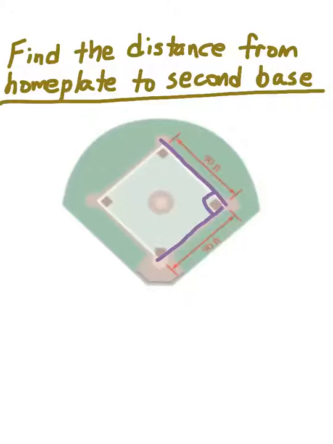What we're looking for is the distance from home to second base. That's what a catcher has to throw to get out a runner trying to steal second base. So that's just a good old-fashioned right triangle. The two legs are the distance from home to first and from first to second, and then c is the distance from home to second base.